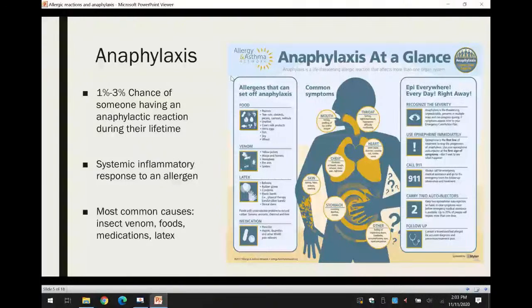So, going towards anaphylaxis. There's essentially a 1 to 3% chance that somebody will have an anaphylactic reaction throughout their lifetime.